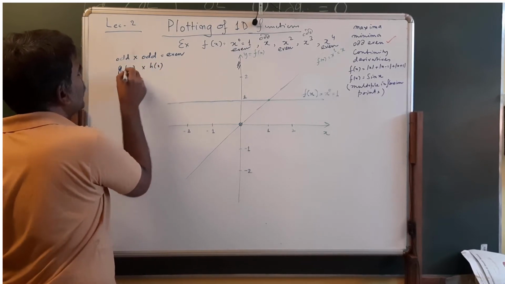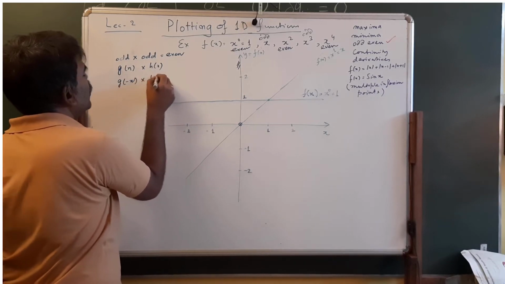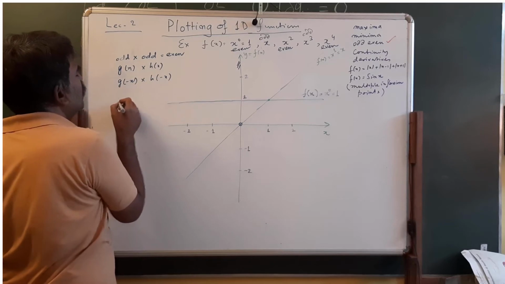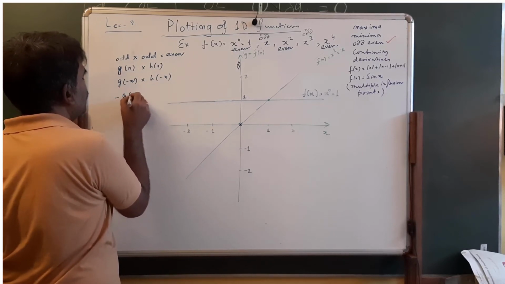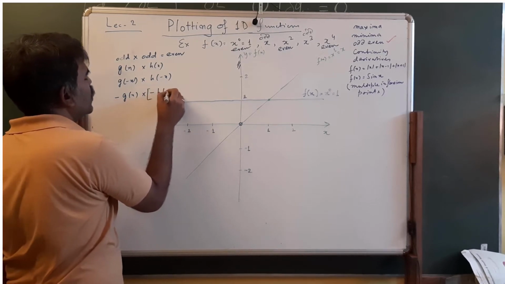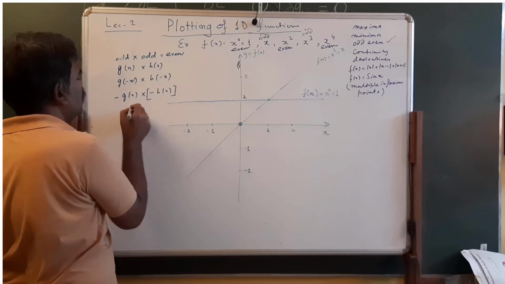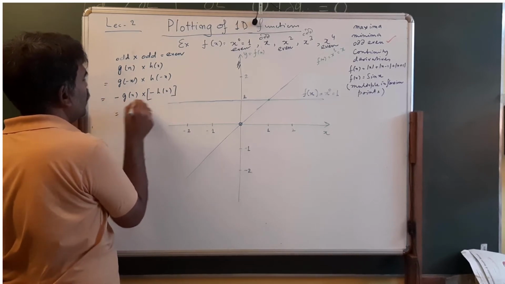How will you test? Just replace x by minus x. So g of minus x into h of minus x. Now in this case, this minus comes out: minus g(x) into minus h(x). So this minus goes. So that is, what shall I say?